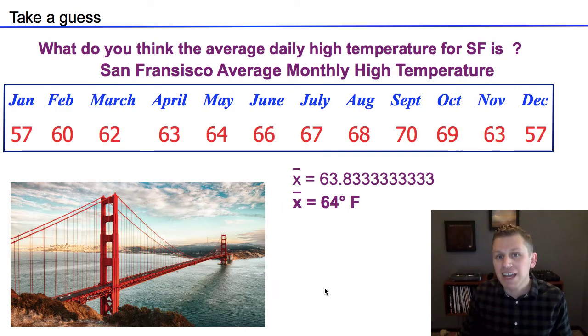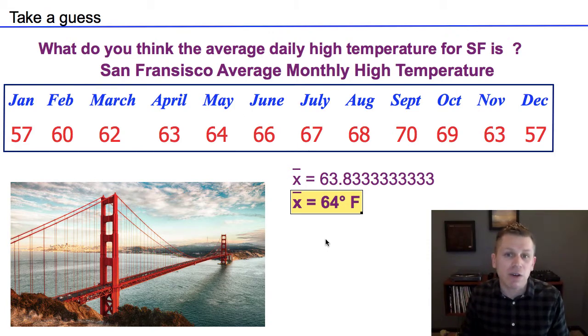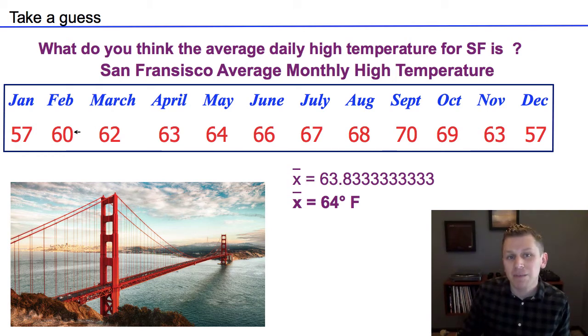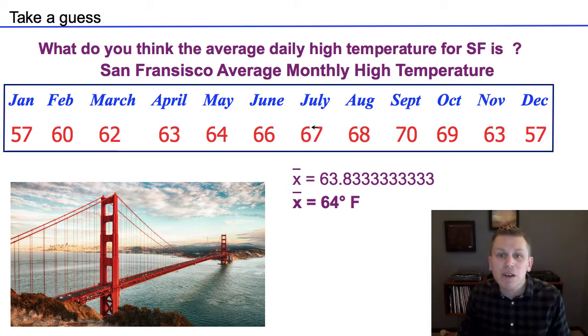If I compare that to San Francisco, year-round it has pretty much the same average temperature. They're very close. But what San Francisco has that's different than New York is very consistent temperatures. Look at the temperatures in winter compared to summer in San Francisco. They're not very far off. In a winter month like February, the high temperature is 60, but yet in the summer, it only goes up to 67 or 68.